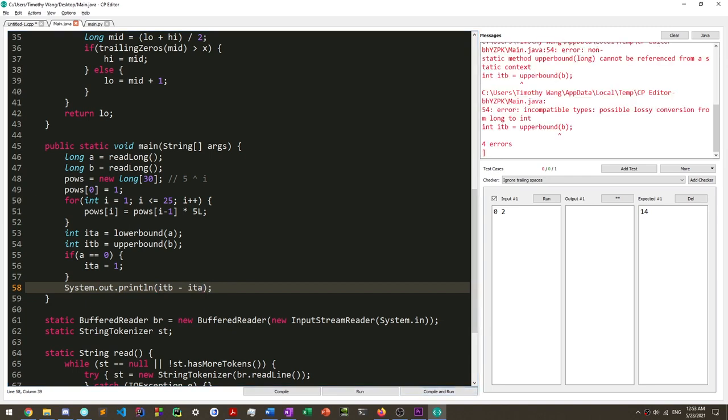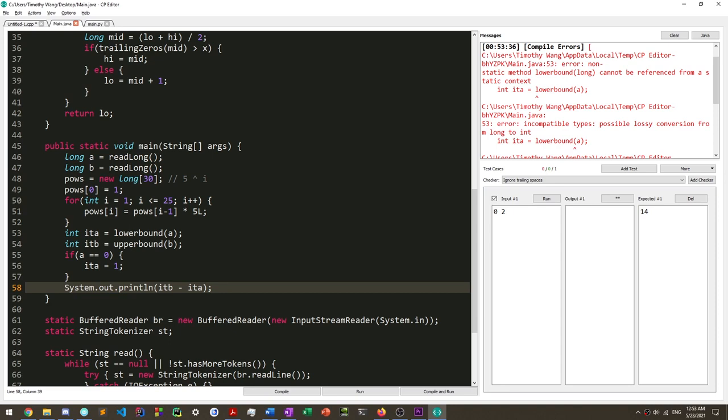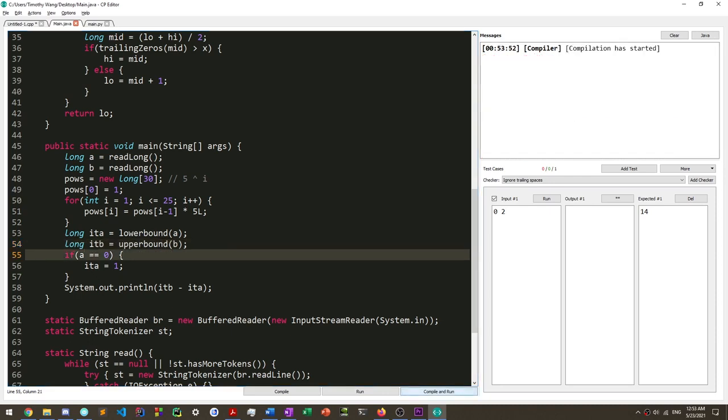So let's run it. And we seem to have some kind of error. Let's see. So yeah, we need to actually set these to longs. And there we go.